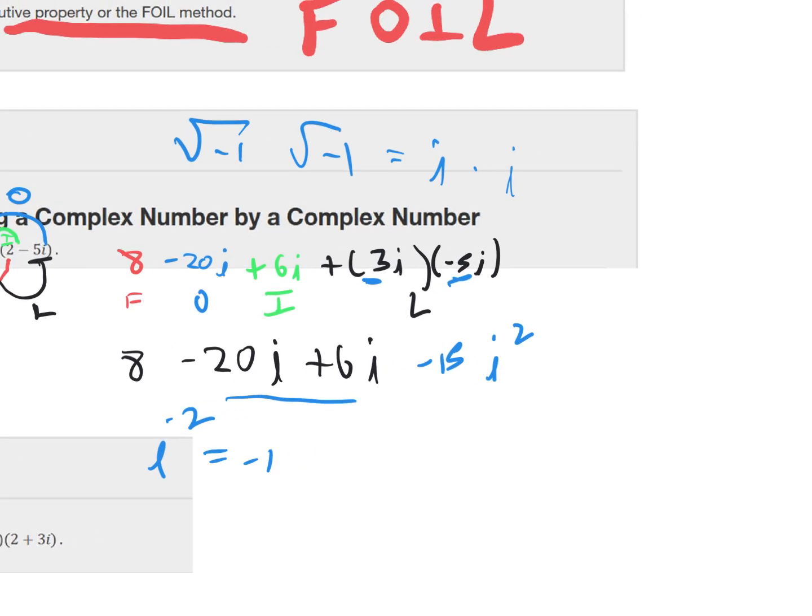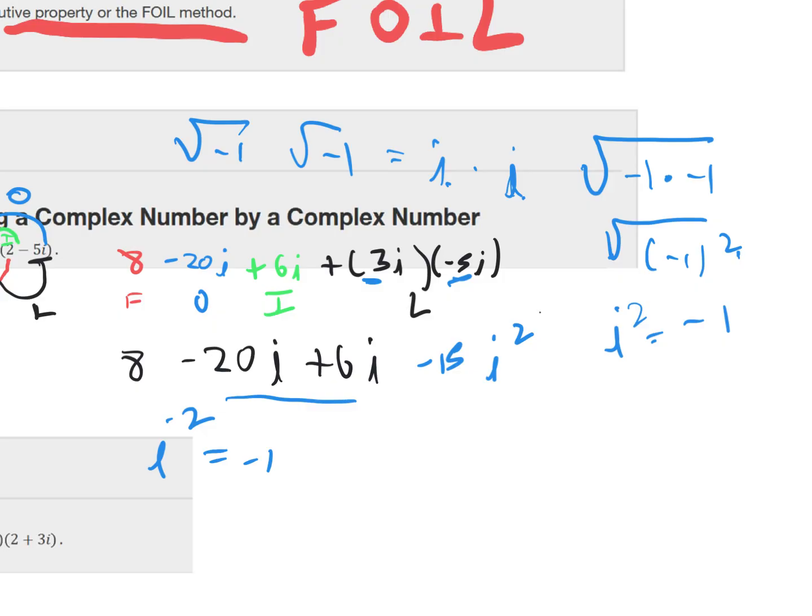In one big square root, you have a negative 1 times the negative 1. So the square root cancels out the square. The square root of a negative 1 squared, the square root cancels the square, leaving a negative 1. So therefore, whenever you see i times i, that's an i squared, it equals a negative 1.